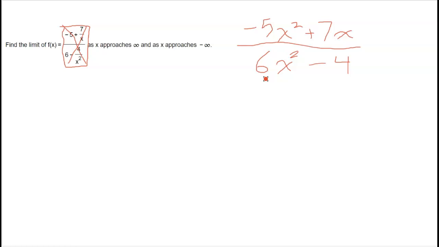But now I'd like you to think about x being 1,000. Remember, 1,000 squared is 1,000,000. So the top is negative 5 million. Negative 5 million, right? And then the second term is plus, it's just 7,000. Look at that.